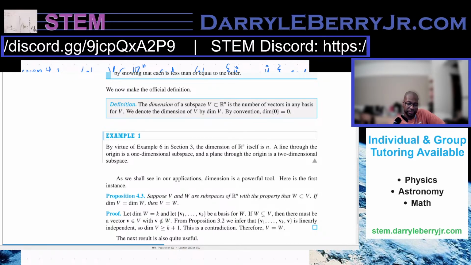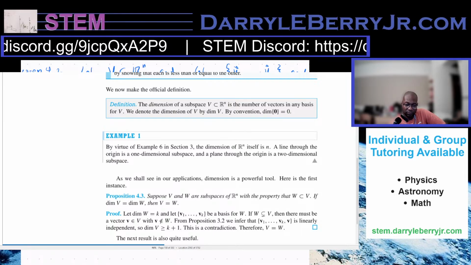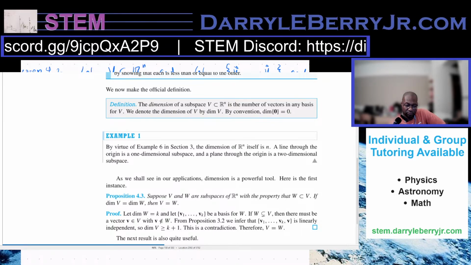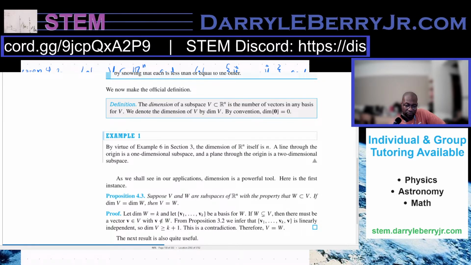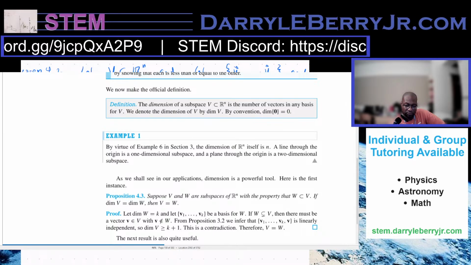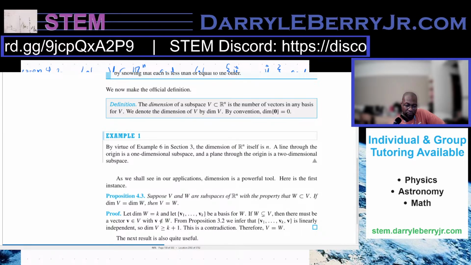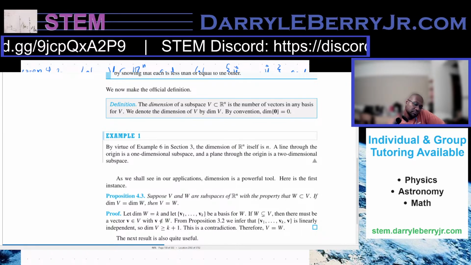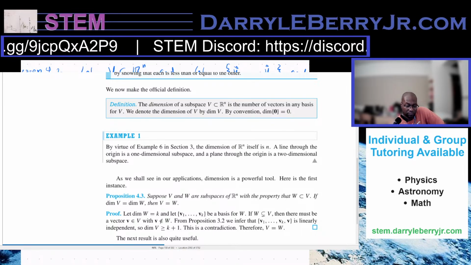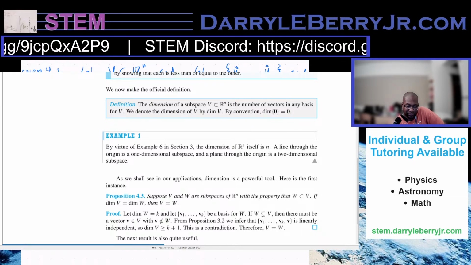In proposition 3.2, I did a proof by contradiction.